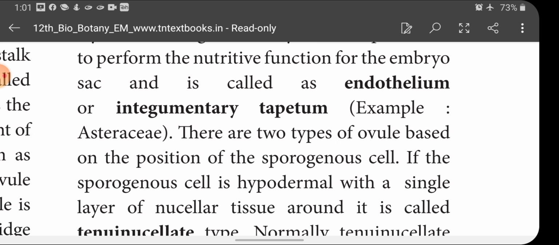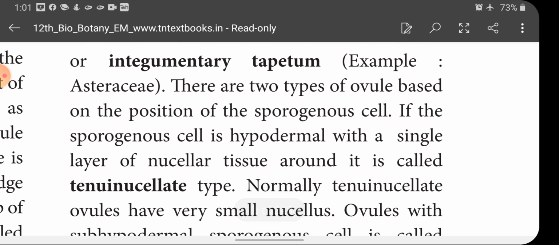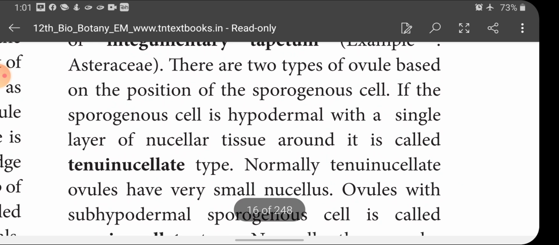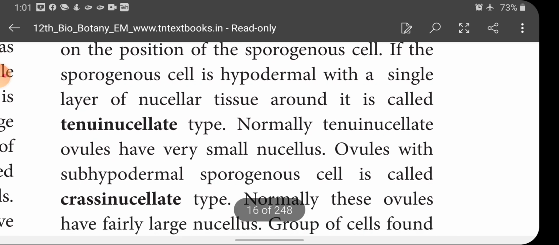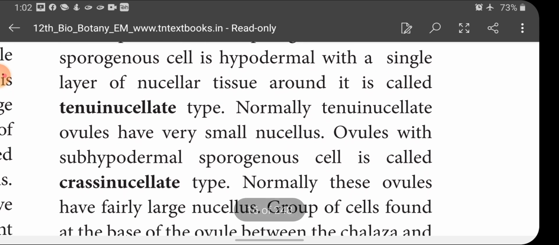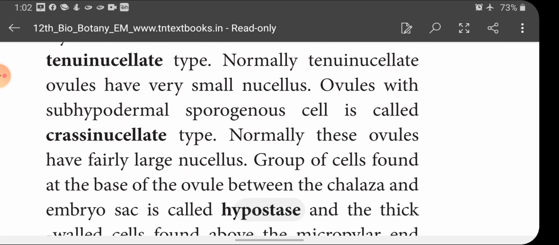If the sporogenous cell is hypodermal with a single layer of nucellar cells around it, it is called tenuinucellate. Normally tenuinucellate ovules have a very small nucellus. Ovules with a subhypodermal sporogenous cell are called crassinucellate. Normally these ovules have a fairly large nucellus.